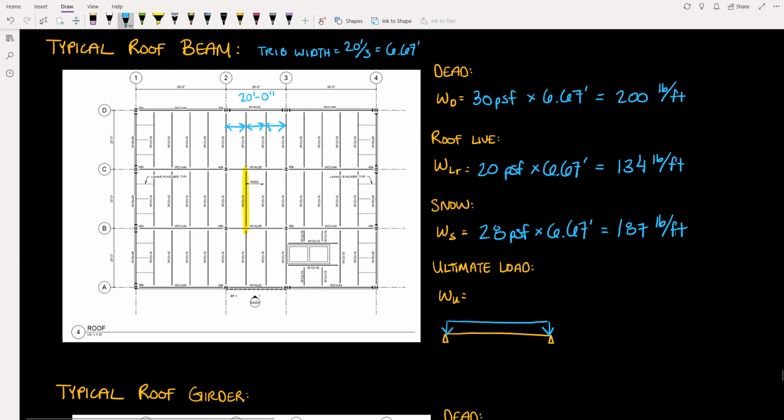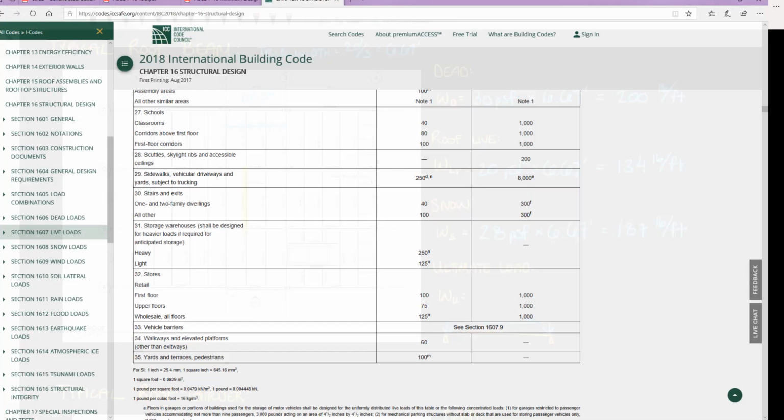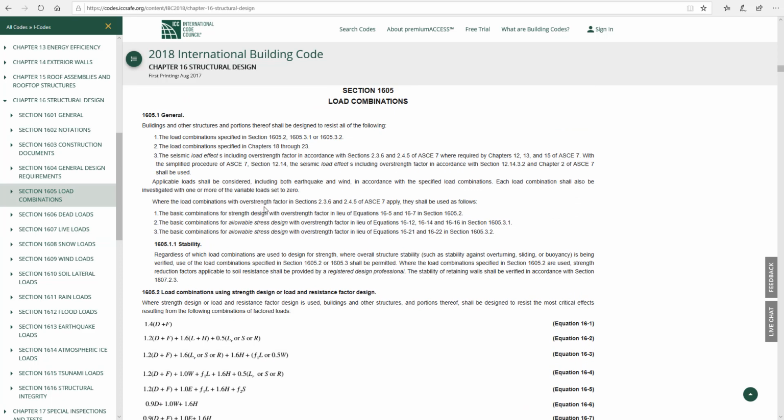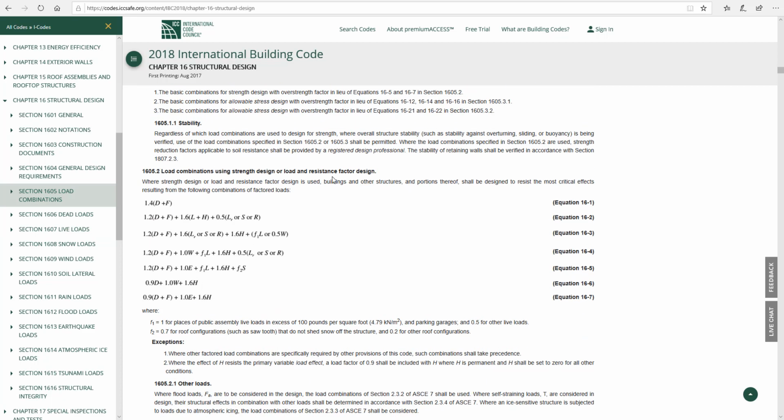So now that we have all of these individual loads according to their type, dead, roof live, and snow, of course we need to combine them into an ultimate load to design this beam. So for that load combination, we turn back to the IBC, section 1605, and we look here for the load combinations for strength design or load and resistance factor design, LRFD, which is how we design steel and concrete members.